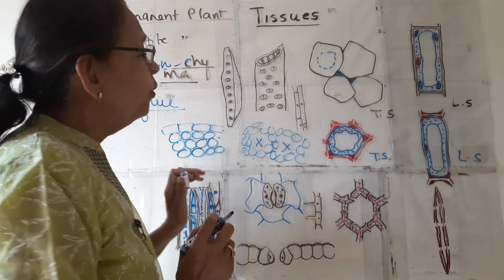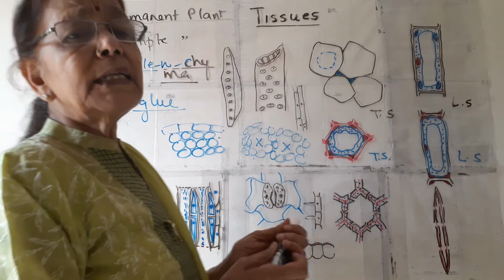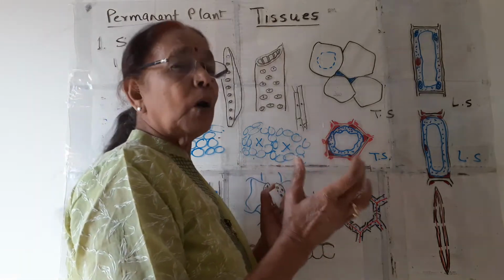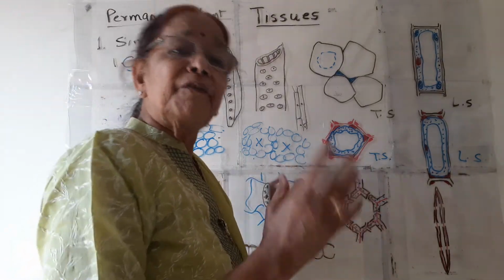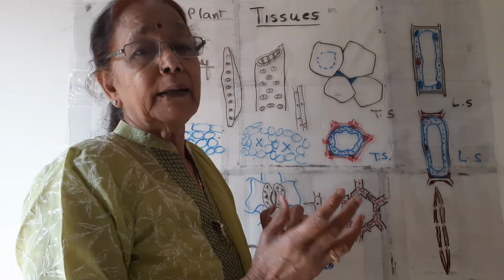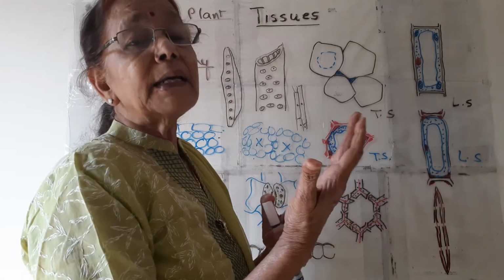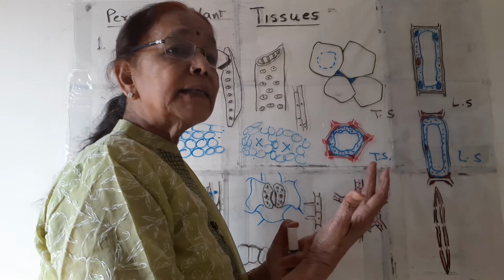So, why is the glue word coming? This collenchyma gives flexibility to the plant. It is present in the stalks of leaves and young stems.